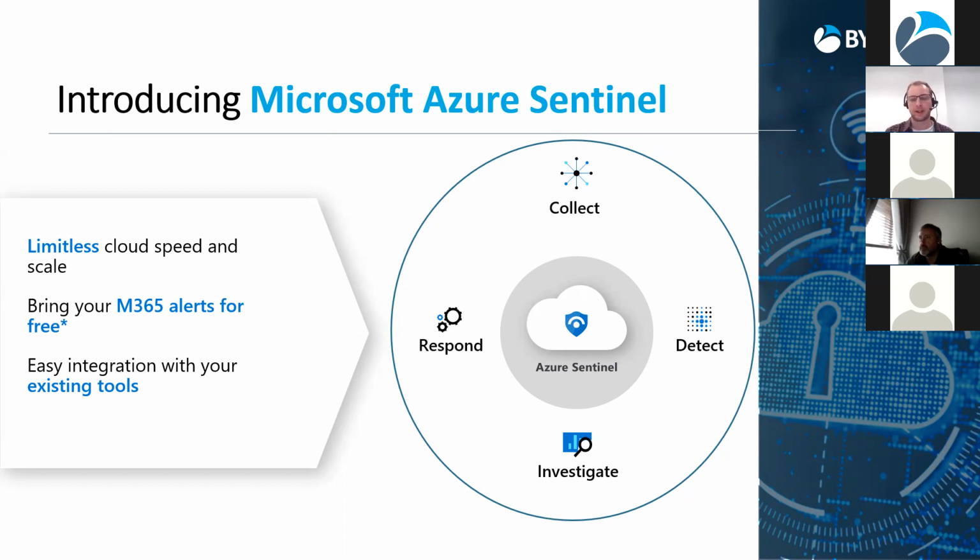That means we can query all of those different data sources, which makes investigating a security incident a lot easier. And once we've got an understanding of what that security issue is, that's when we can look to respond to it. We know exactly what's going on. We know the extent of this threat and of this incident. Let's start putting containment measures in place and then move on to eradicating that incident.